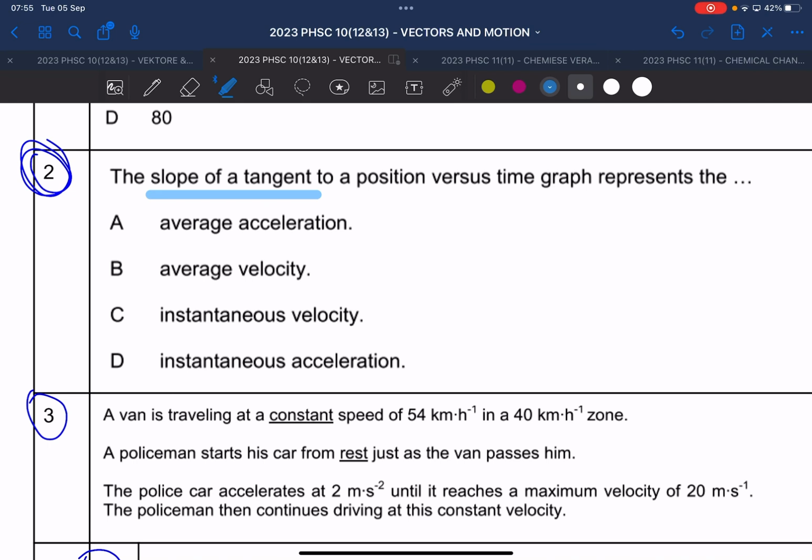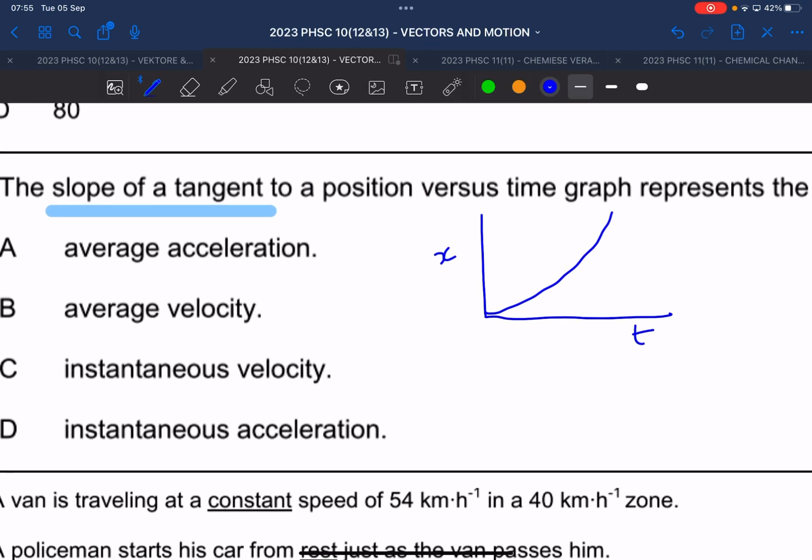Okay. So if you have a graph like this, it goes up like that. This is distance or position versus time. Then the slope of a tangent is that line there. Like that. You've done that in mathematics? Where it touches at one point?